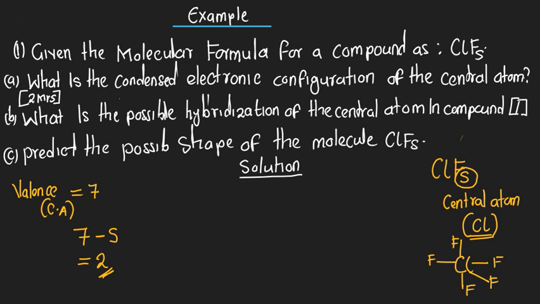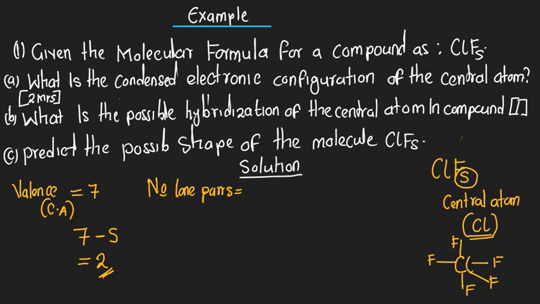These 2 you divide by 2, and you get the number of lone pairs, the pairs that will be left alone.